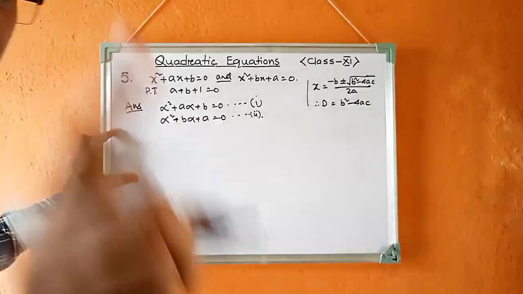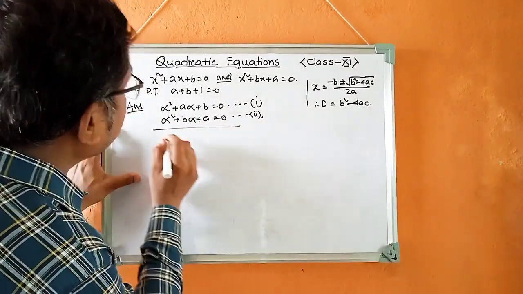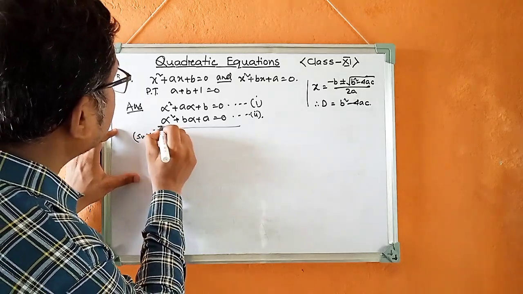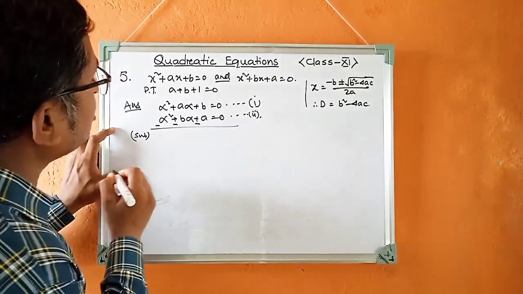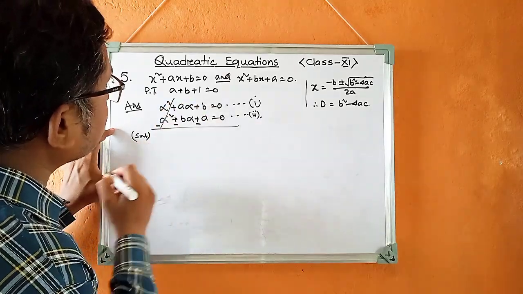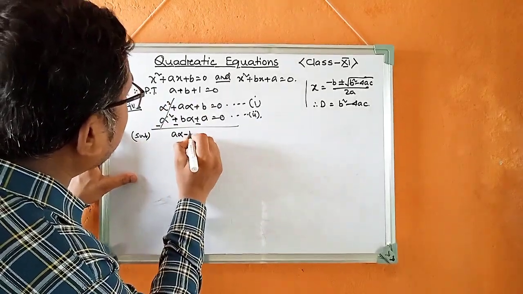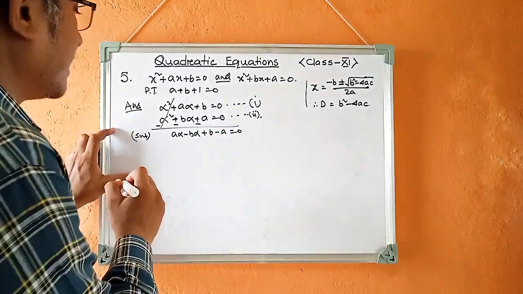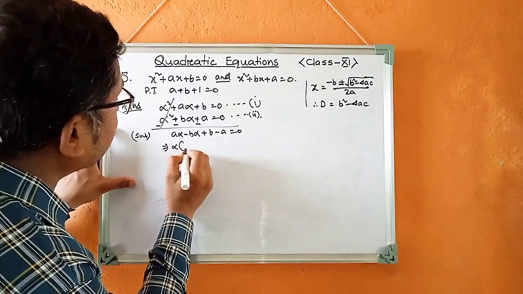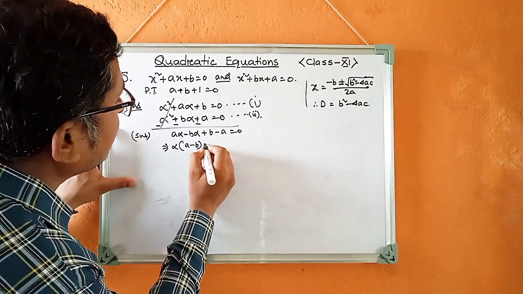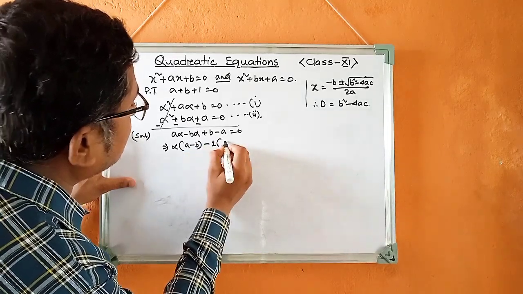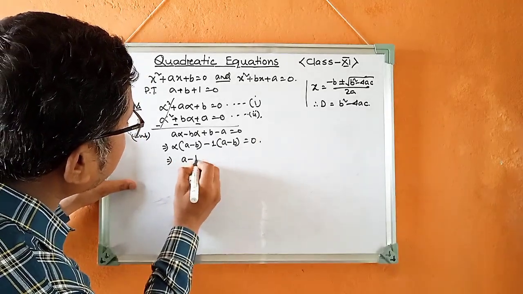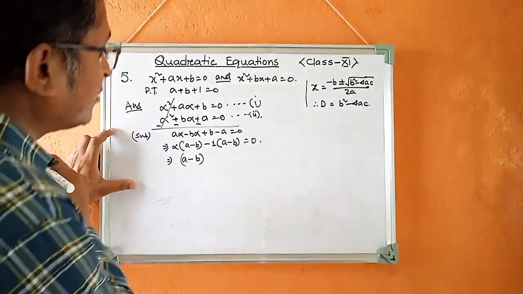Now look at these two equations. By using the elimination method, we subtract these two equations. Change the sign, minus, here is also minus. So alpha square cancels. We get a alpha minus b alpha plus b minus a equal to 0. Now take alpha as common: alpha times a minus b, and minus 1 taken as common from b minus a, so a minus b is common from the whole.